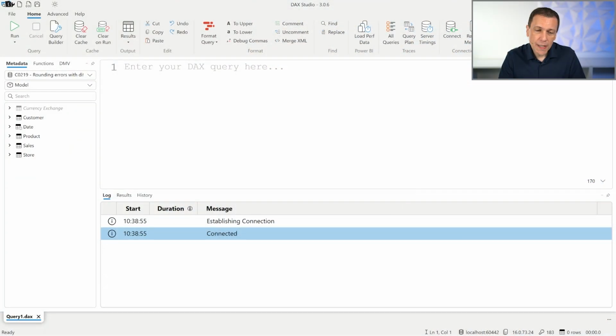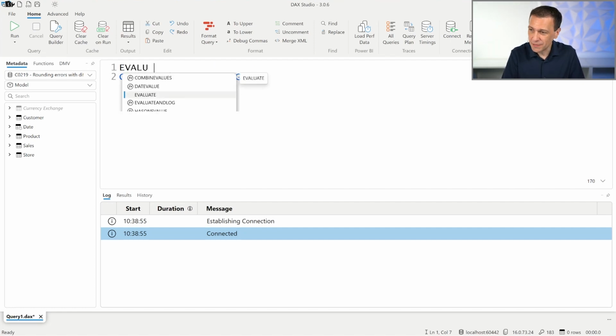The idea is that the integer data type has 64 bits to represent the numbers. And the largest number that can be represented is a number that has 63 bits, because the additional bit is the sign, positive or negative. What does it mean? Let me just copy this number here. If I want to see a large number that can be represented by an integer, I can just evaluate the number that you see here.